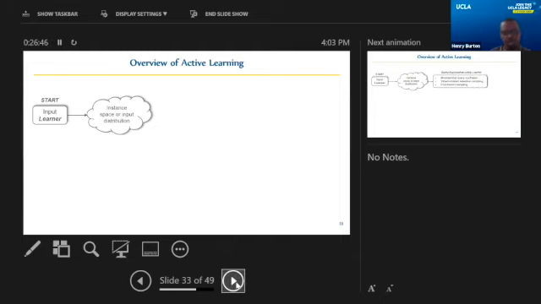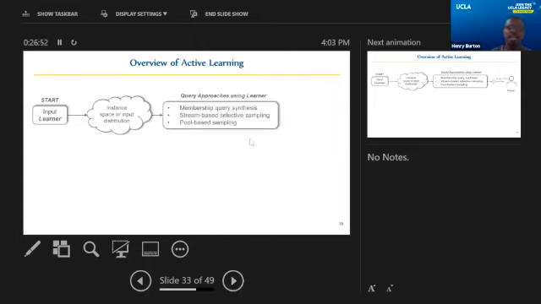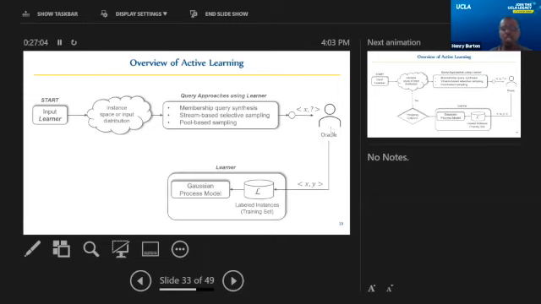You start by defining some instance or input distribution, and then you would query the larger set of events, and there are different techniques available for doing that. In this case, we use pool-based sampling. Then you have an oracle, based on these inputs, we use a Gaussian process model to get us to the outputs, and then we have some criteria for selecting a new subset of events that's associated with the highest level of variance, and based on that, we repeat this process, and we have a stopping criteria that tells us when we can stop sampling.